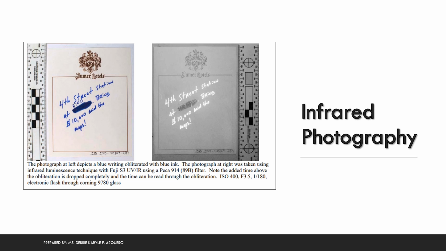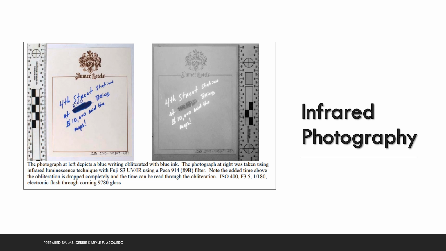Infrared light, as we have mentioned, is one of those invisible lights. It is considered invisible light because it has a longer wavelength as compared to those lights within the visible spectrum. Aside from that, infrared photography is useful if the subject is dark colored or located in a dark environment.